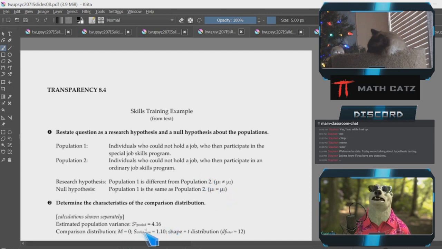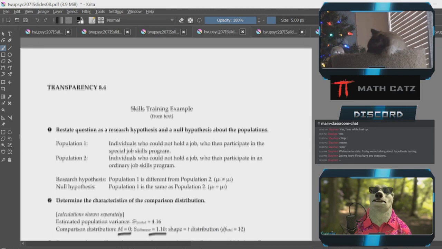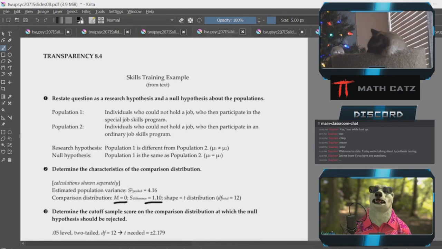Of course, under the null hypothesis, mean is 0. And that was our standard deviation. T-distribution, degrees of freedom 12, like we saw. Then let's choose an alpha of 5%. Two-tailed, because we're checking for a difference or not. Degrees of freedom, let's see where this comes from.